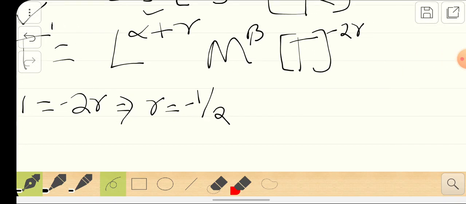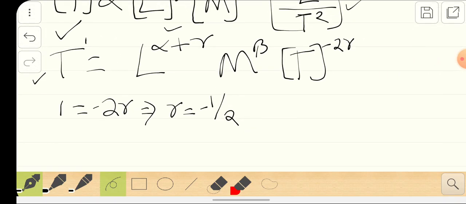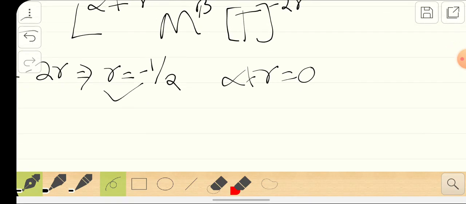Also, L raised to alpha plus gamma is equal to L raised to 0 on the left side. That means alpha plus gamma is equal to 0. We have already found gamma, so alpha is equal to 1 by 2, right?